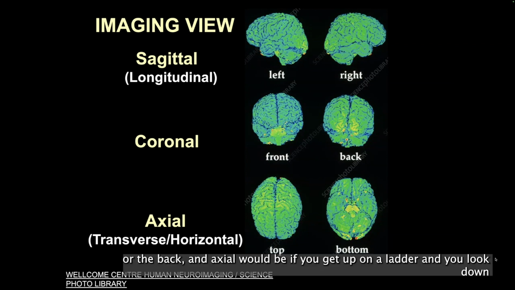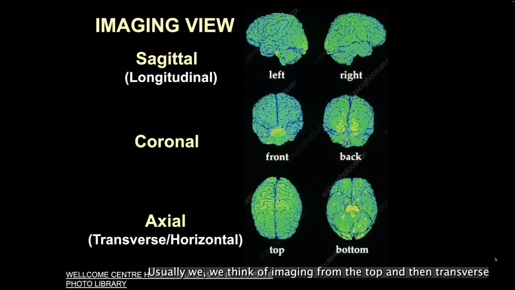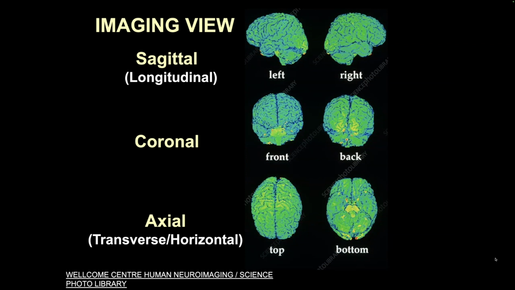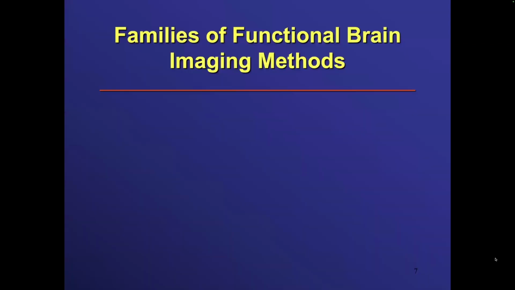And axial would be if you get up on a ladder and you look down from the top, down on somebody's brain. Technically, I suppose it could be from the bottom. Usually we think of imaging from the top, and then transverse and horizontal are other terms for an axial view.